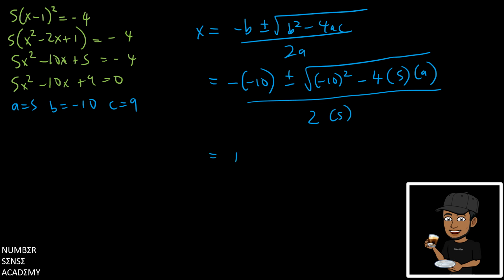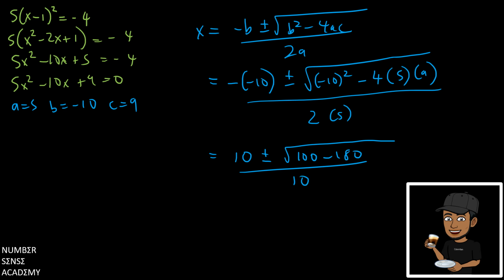So we end up with 10 plus or minus the square root of: -10 squared is 100. 4 times 5 is 20 times 9 is 180. So minus 180, over 10.